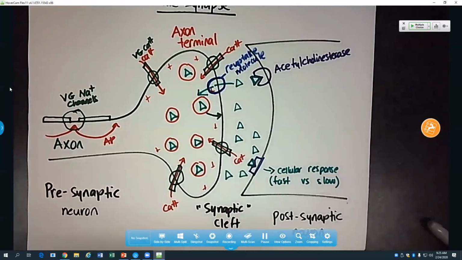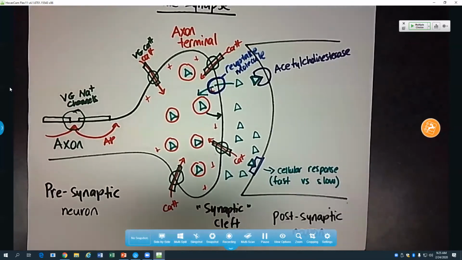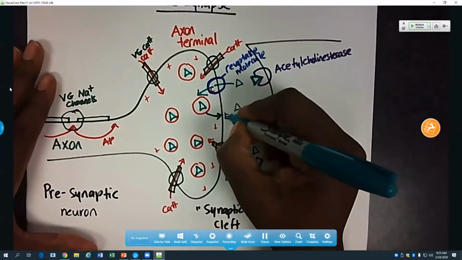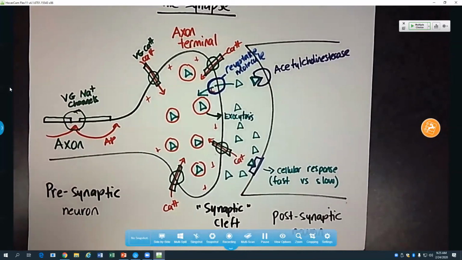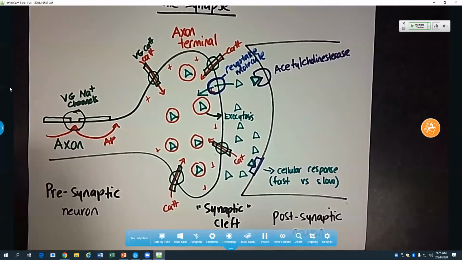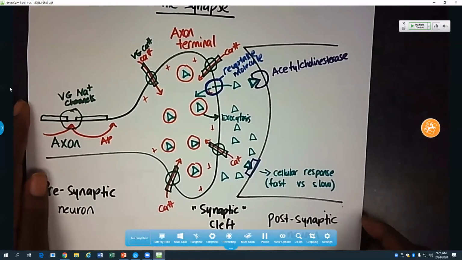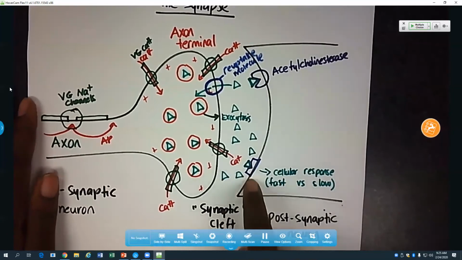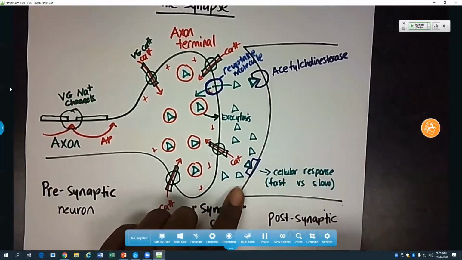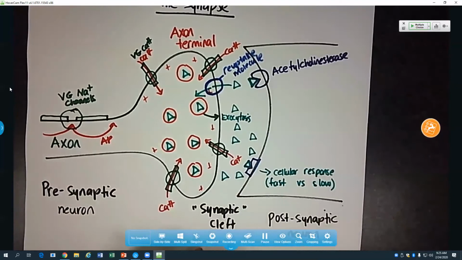It's like that word here, actually. Right, so that's right, exocytosis, which is basically the dumping of this neurotransmitter into the synaptic cleft. That will cross the cleft and bind to a specific receptor, which will bring about some type of response on this second cell.